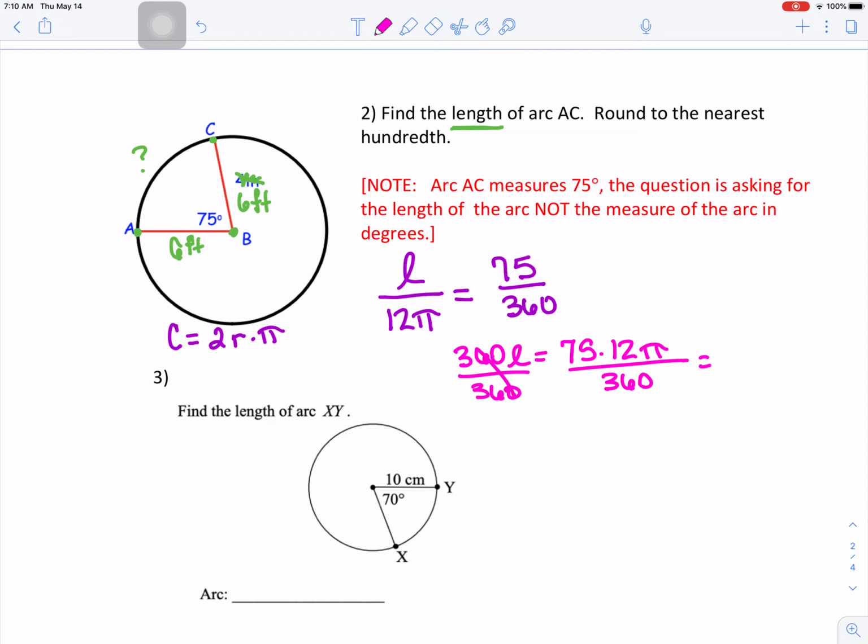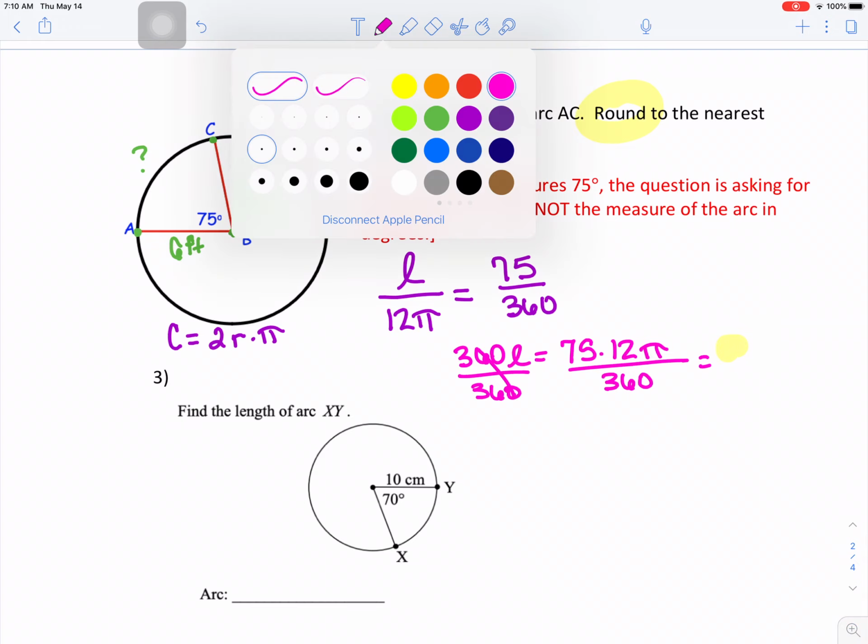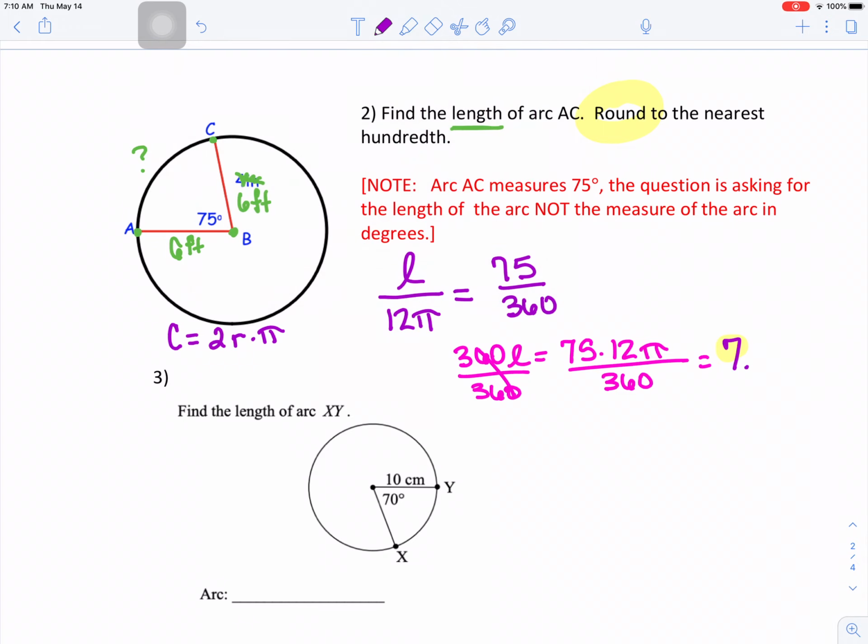Times 12 pi. I always think, when I'm asked to do a calculation with pi, am I sure I wanted a pi there, or do I want to leave it in terms of pi? This question says to round, so I will put the pi in the calculator. Divided by 360 comes out to 7.8539.